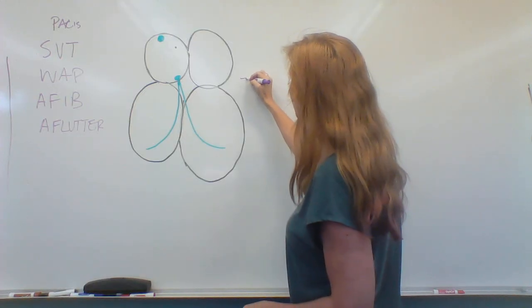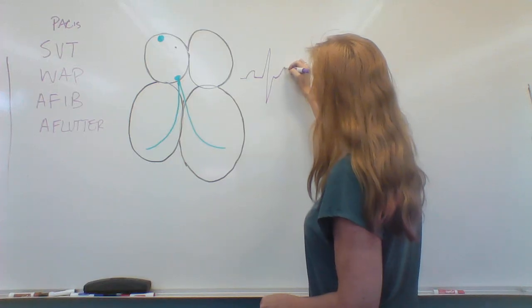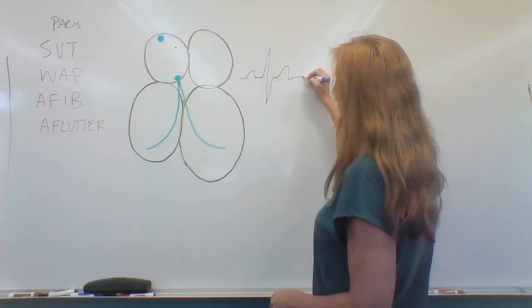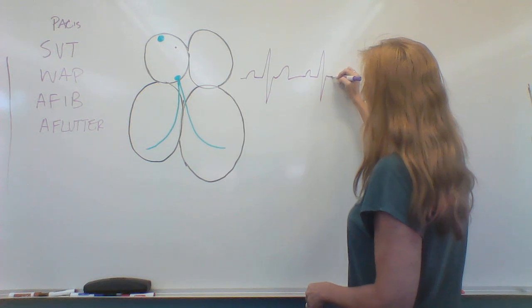They're going to have a P, a nice skinny QRS, and a T wave. And then they get another nice P and a nice skinny QRS and a T wave.